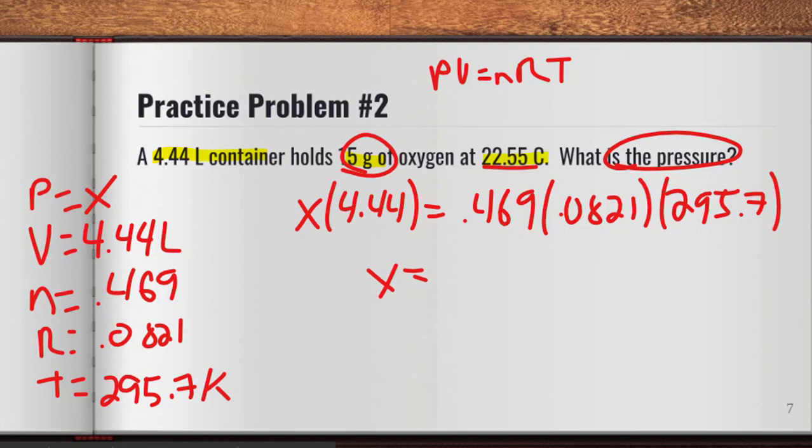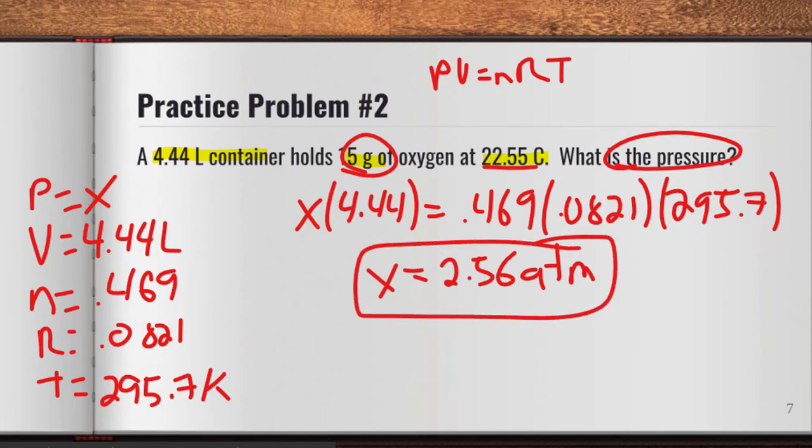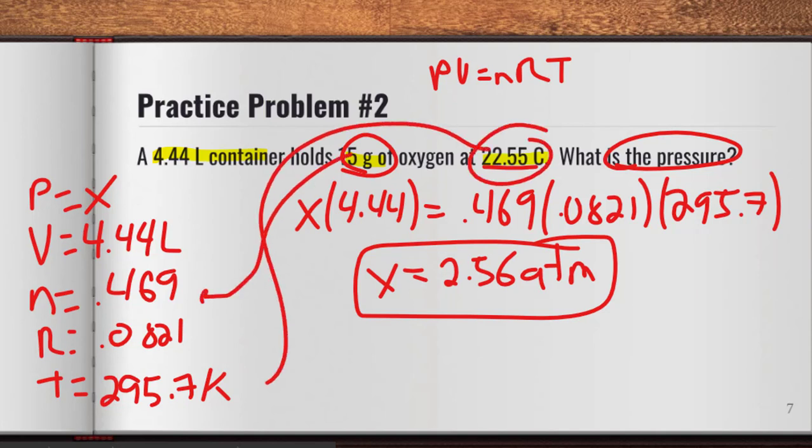So our pressure is 2.56 ATM. Okay, simple enough. So again, some of these issues we may need to go through and convert them into the units that we want. But you already know how to do that, so I don't anticipate any problems with this.